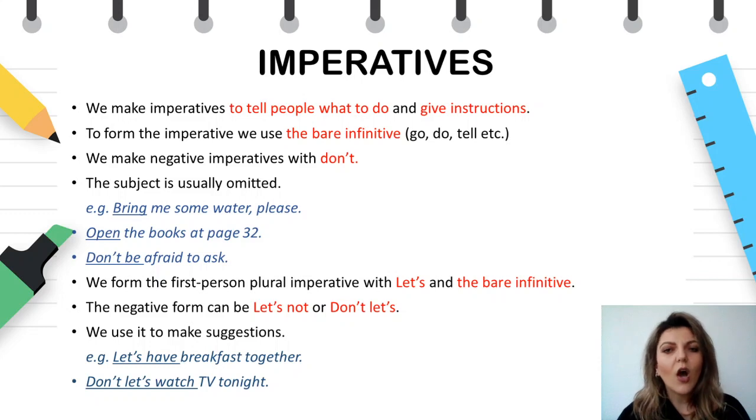That is, they are either used when we give a command to someone or an instruction how to do something. In order to form the imperative, we use the bare infinitive. For example, go, do, tell, etc. We make negative imperatives with don't, and the subject in these sentences is usually omitted.